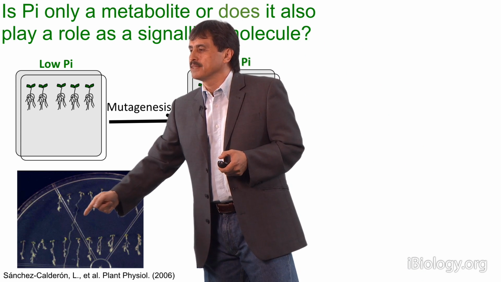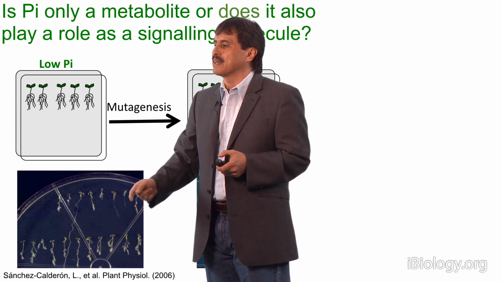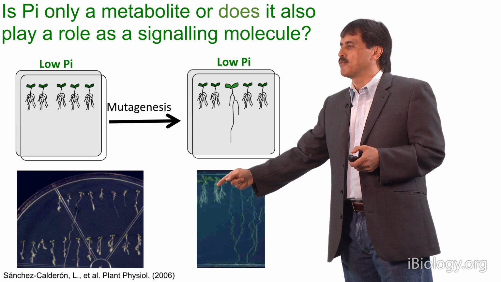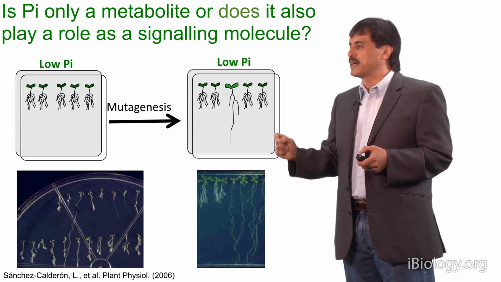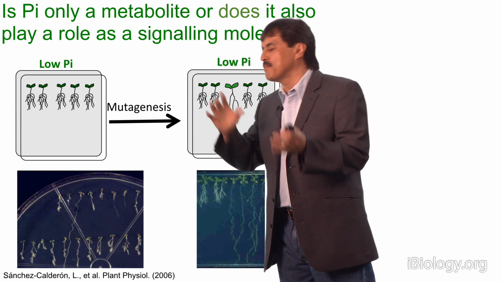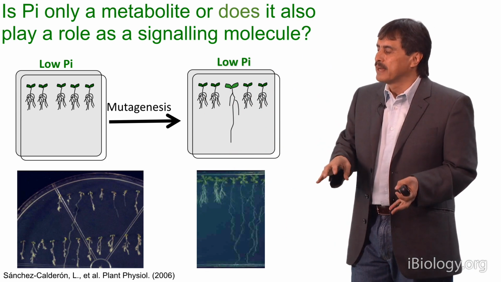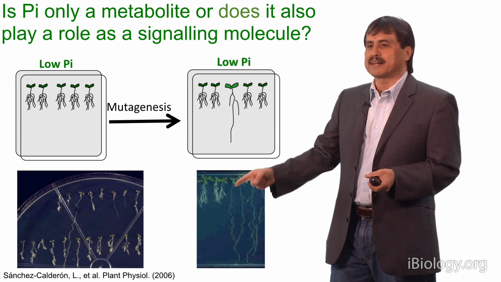This one has a very long root compared to the others that have short roots, and this is how it behaves in the presence of low phosphate. So this strongly suggests that phosphate is a signal molecule. Moreover, there is another molecule similar to phosphate, phosphite. It's a non-metabolizable compound, but it also triggers these changes in architecture.